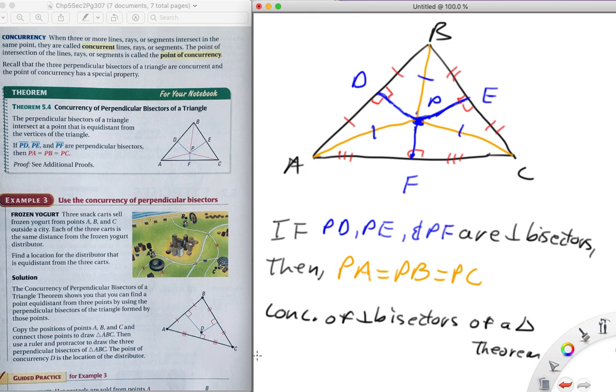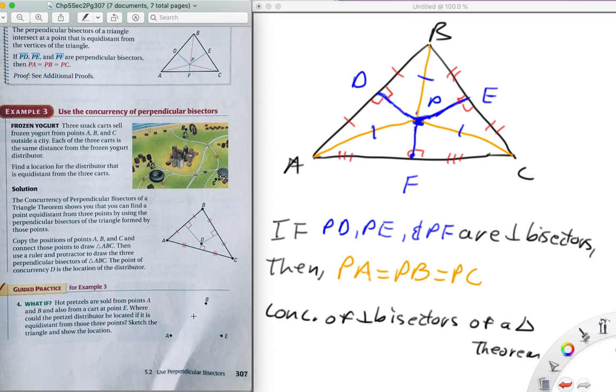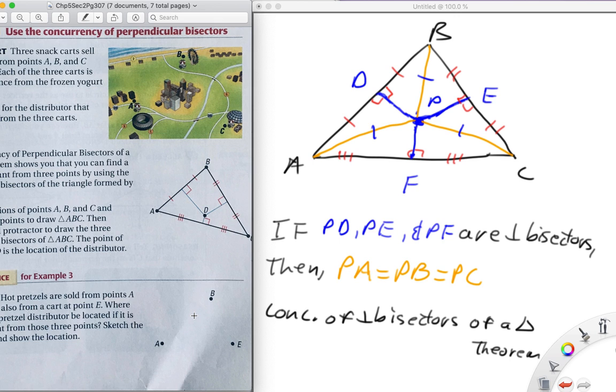And again, if point P is the intersection of three perpendicular bisectors in a triangle, then that intersection point is equidistant from the vertices of the triangle. Perpendicular bisectors of a triangle intersect at a point that is equidistant from the vertices of a triangle. Okay. I'm not going to do that one because I don't feel like drawing it more. It's basically asking me to draw the same thing that I did there.